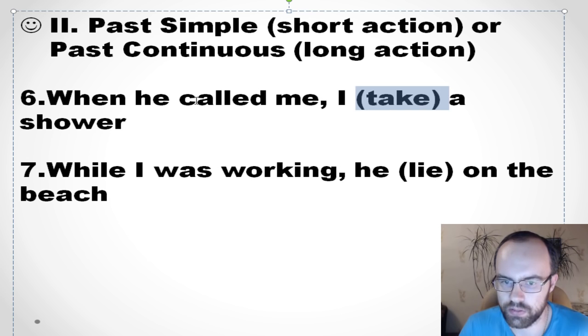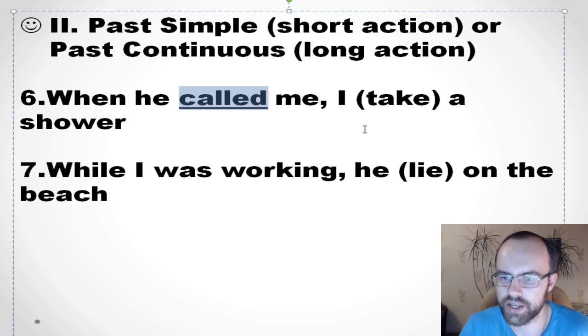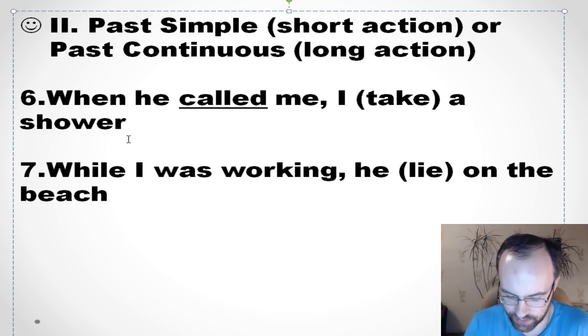So when he called me, you see it's a short action. He called me, and what? And take a shower. So I think maybe it's a long action, take a shower.